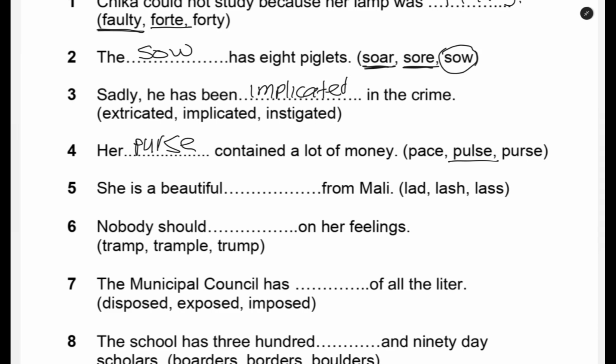Lash simply refers to eyelashes or weeping or criticizing. That is the interpretation. So the correct answer here is supposed to be lass, a young beautiful woman or girl. So this is the one that will fit properly in the context.